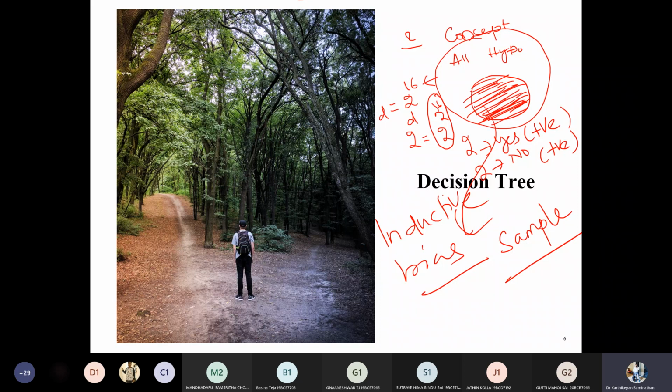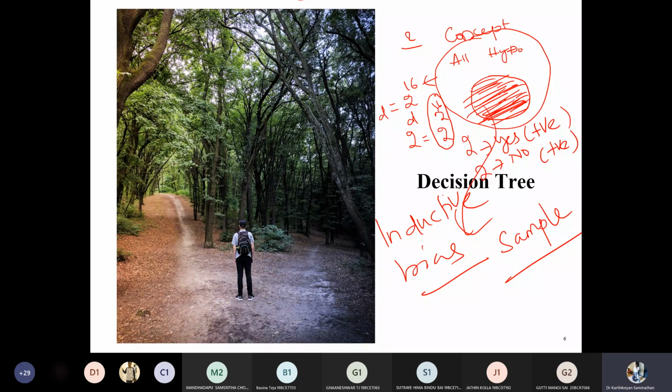That is what inductive bias is all about. There are two types of inductive bias: one is inductive and the other is deductive. Inductive, we learn from experience; the second, we learn from experienced experts. These are the two categories, just for your understanding.